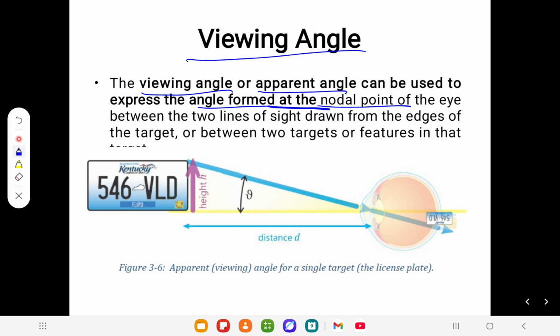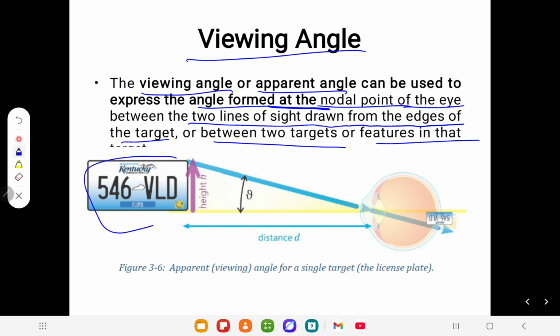It doesn't matter: if the angle made at the primary nodal point is 20 degrees, then the same angle is going to be there at the secondary nodal point. So it is formed at the nodal point of an eye between the two lines of sight drawn from the edge of the target, or between two targets or features of the target.